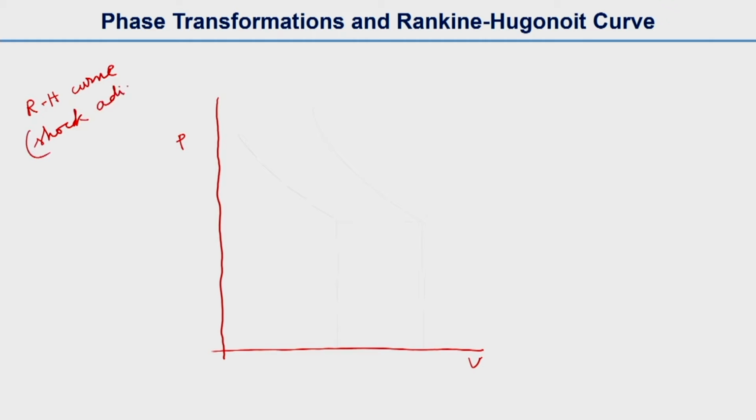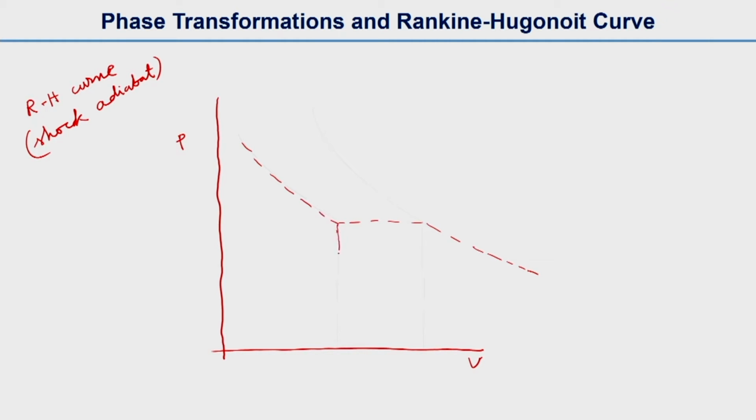Shock adiabat on a PV plane. First we will draw the isotherm we got in the earlier curve, whatever we found in the earlier slides. So this is the isotherm.